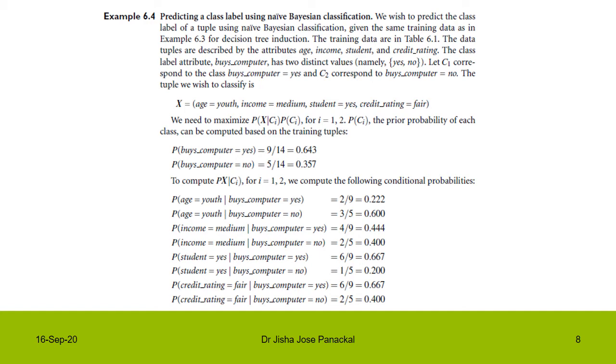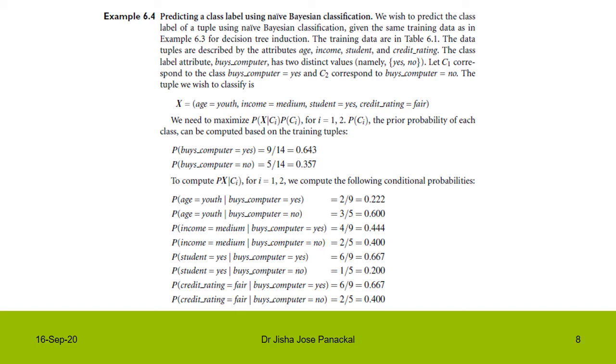So 2 divided by 9, that is equal to 0.222, and we are not mentioning all the values here. It can be calculated easily. The probability of age equal to youth given buys_computer no comes with 3 tuples, so 3 by 5.